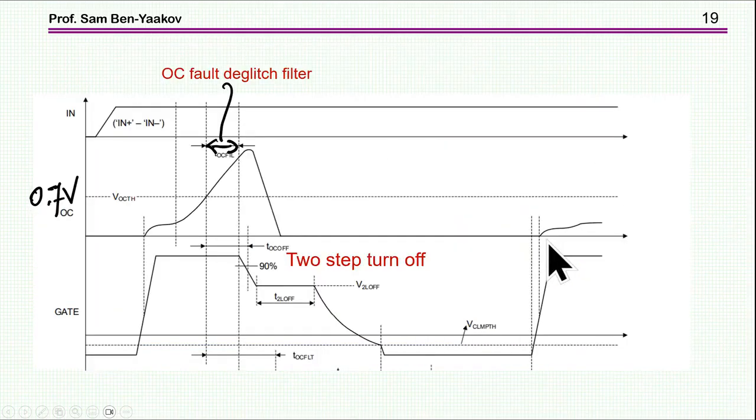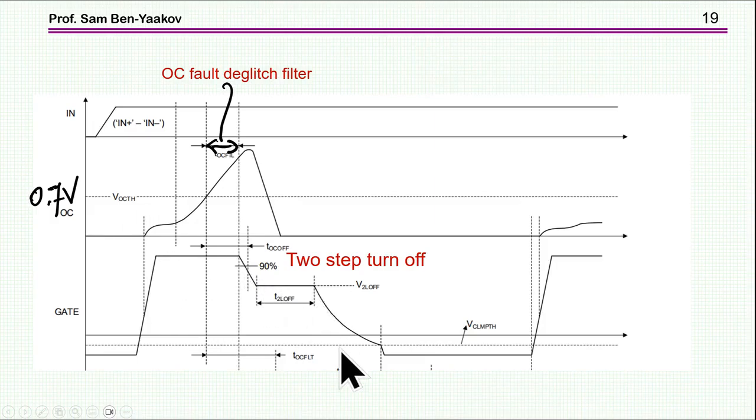Here they are actually showing in the data sheet the process, and what we see is a case in which there is a short at the beginning. We see the capacitor charging, and then it goes above the 0.7. There is some delay here, and then the circuit is activated, and this is the gate, and now the gate is going down.